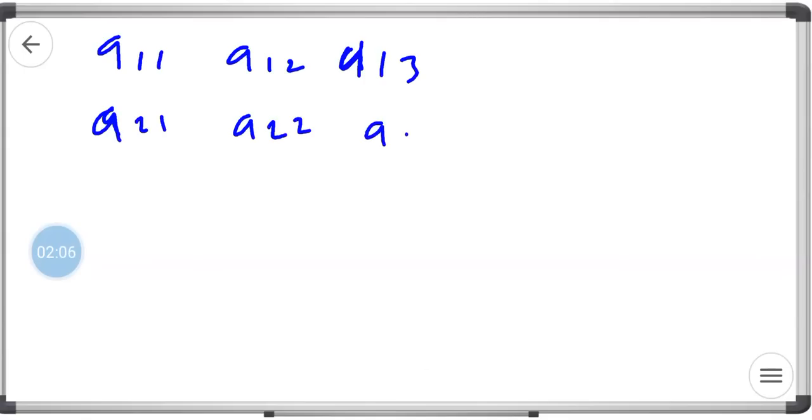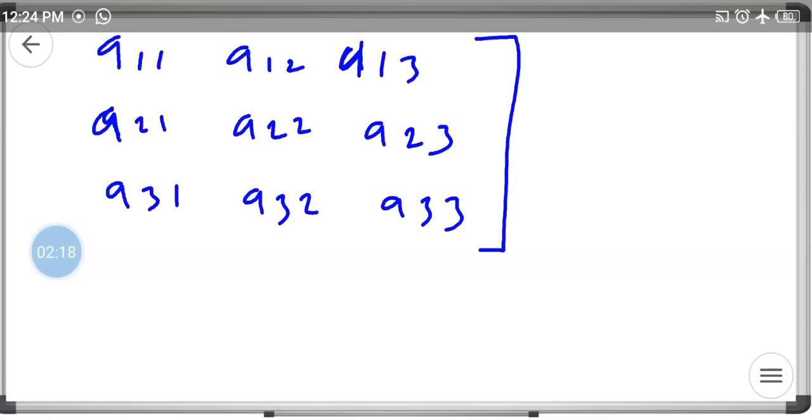For the first one, we have A11, A12, A13, then here A21, A22, A23, and here A31, A32, A33. So we can have this here.